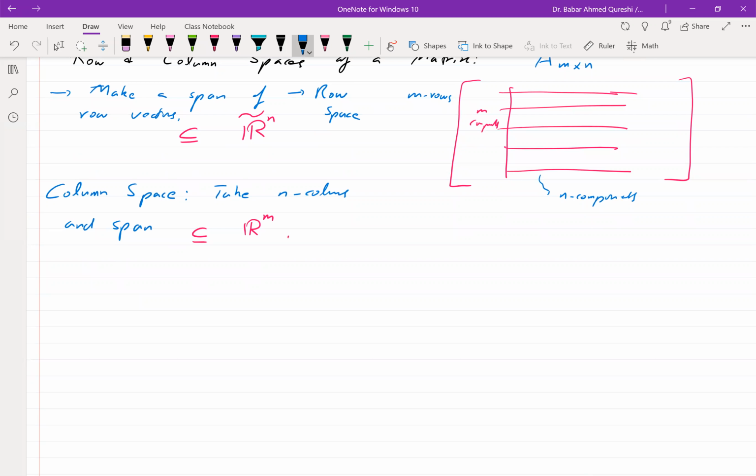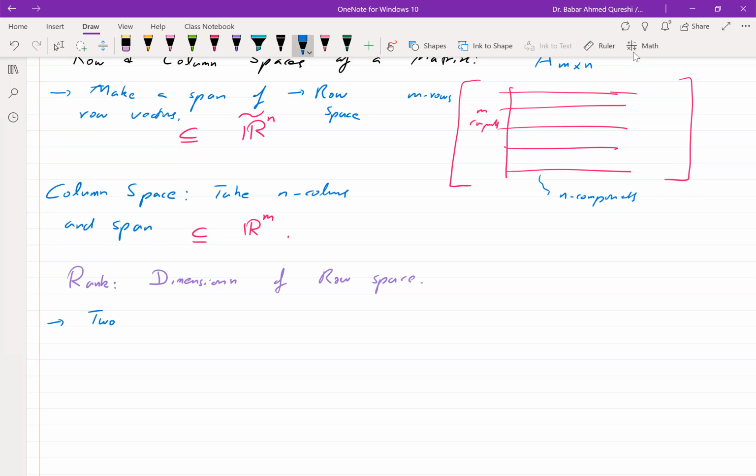And related to row space, we define the rank, which is just the dimension of the row space. Then we also proved this, or argued it.